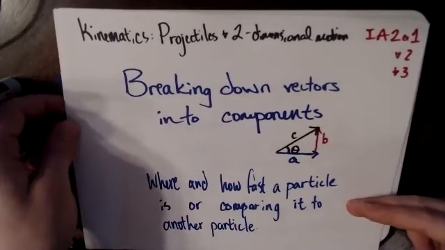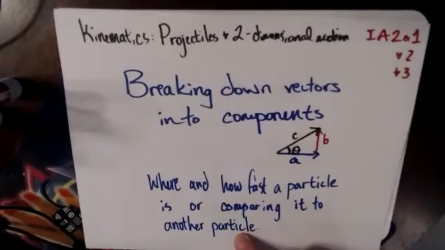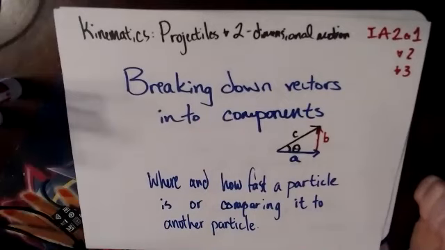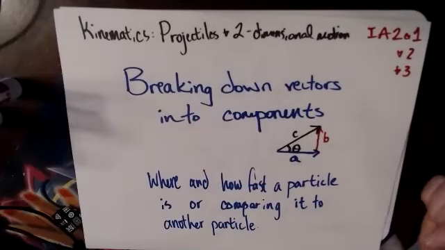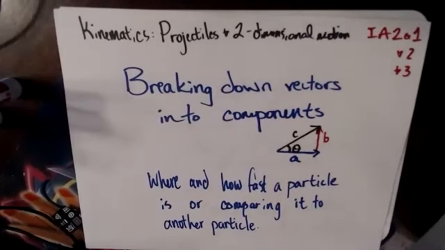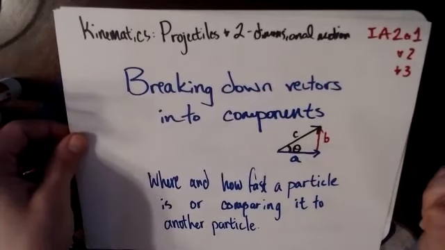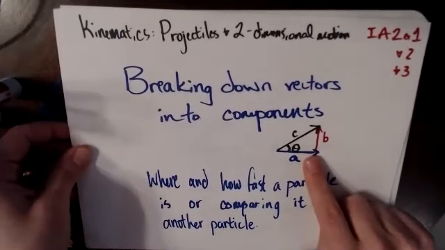So where and how fast is the particle compared to another particle? When I think of this idea, I really think of how it is compared to a certain height or a certain horizontal position, comparing it to will it go over the wall, will it go under the wall, will it go above the goalkeeper's hand and below the crossbar, something along those lines, when you're solving that problem. And then I wrote this down here, make sure you're aware of SOHCAHTOA.